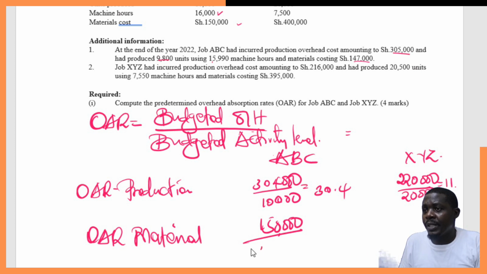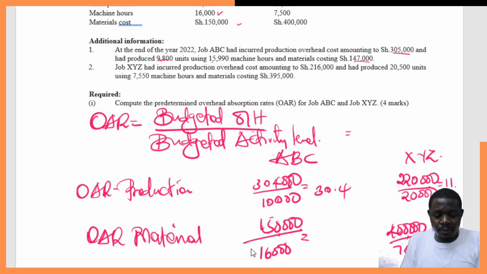Then here we are having 400,000 divided by 7500. And then we have 150,000 divided by 16,000 to get 9.375. Divide 400,000 by 7500, we have 53.33.